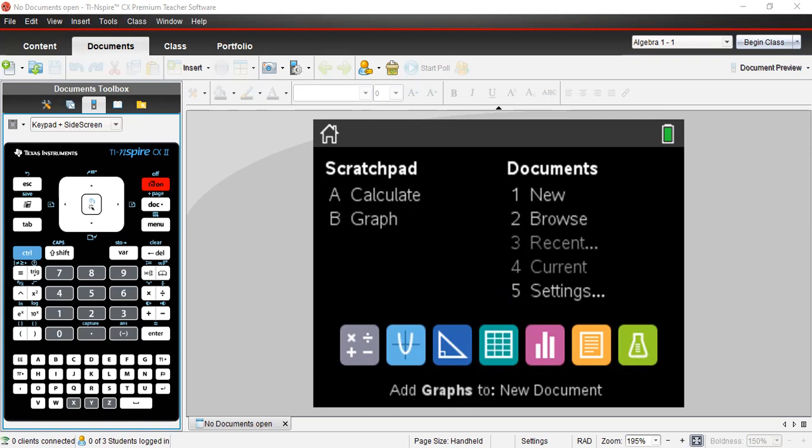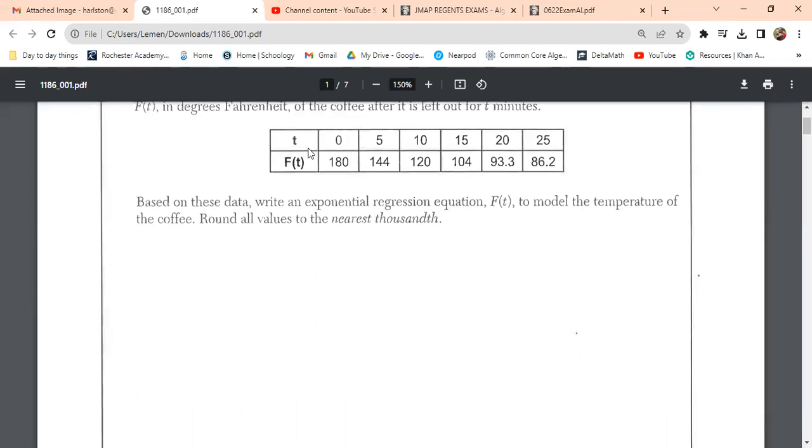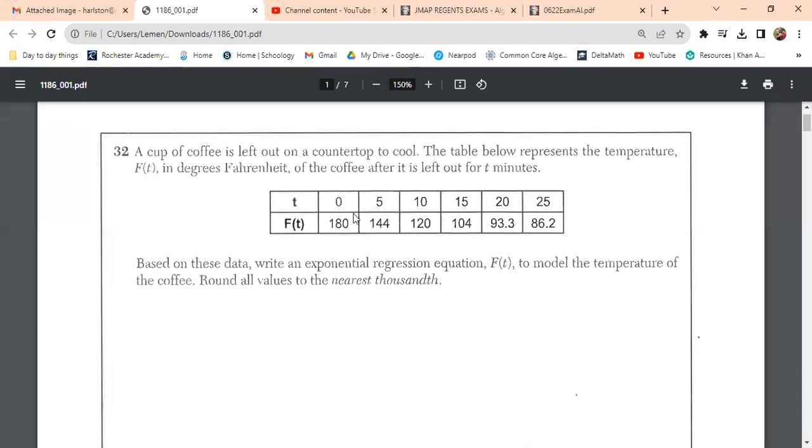All right. So the question that I'm going to do is number 32 on the first page. I numbered the pages, so if you look at the bottom, that's the page number that I'm going to be using. What we have here is a table of values that represents the temperature of coffee that's left out. It's going to be decreasing because when you put coffee out, it gets cooler.